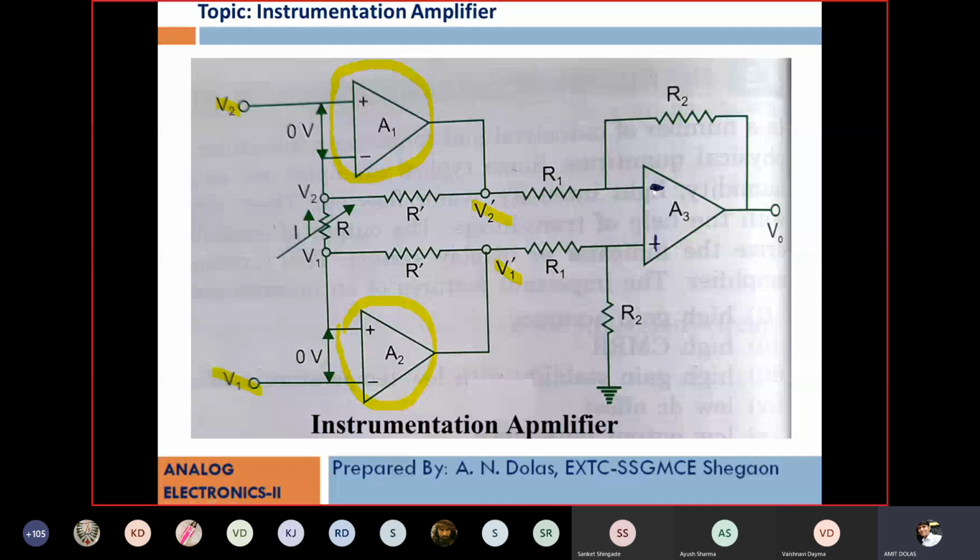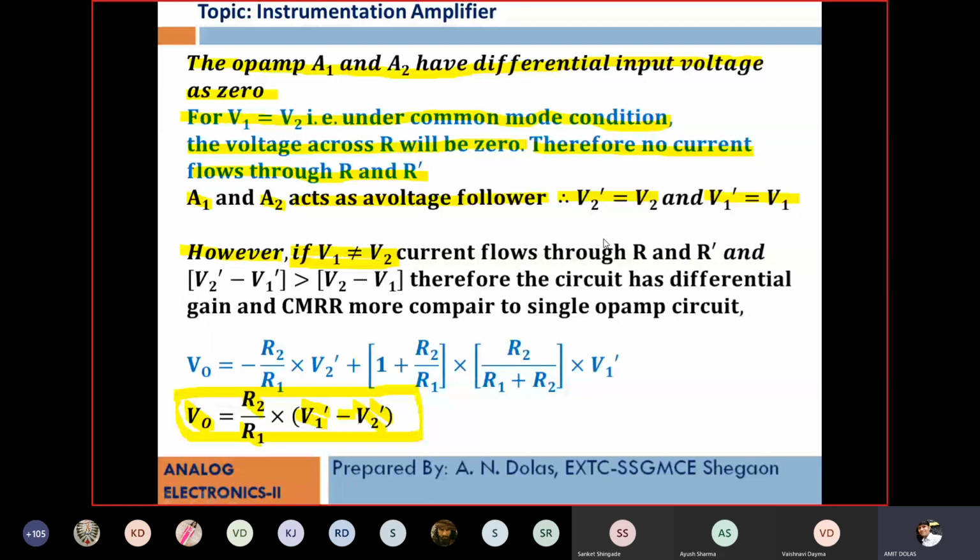Now we'll move to the other condition, whenever V1 and V2 are unequal. So here, if V1 is not equal to V2, then of course current flows through R as well as R dash.